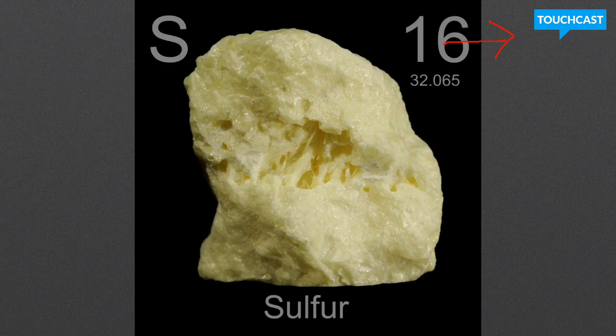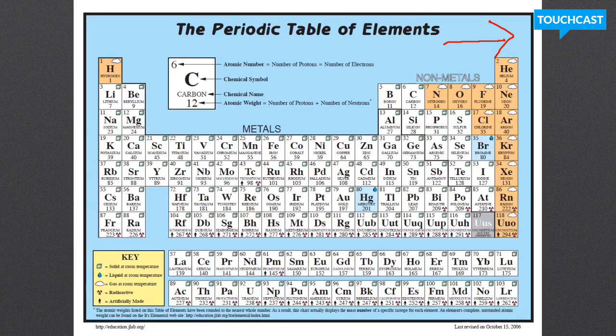Sulfur is not malleable, it is not ductile, and it does not have a luster. There are some nonmetals that have luster, but sulfur is not one of them. When you look at your periodic table, you can tell that the nonmetals mostly are gases. For that reason, nonmetals tend to have lower densities. They do not conduct electricity, and they do not conduct heat.